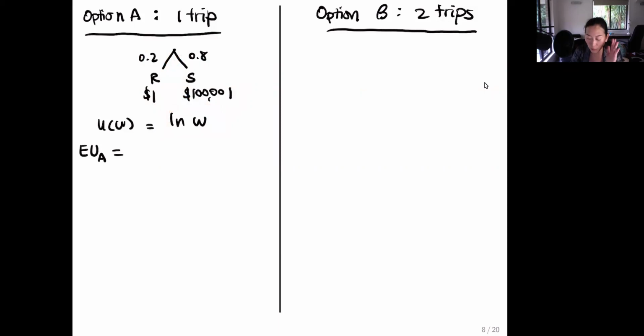It doesn't equal 0.2 times 1 plus 0.8 times 100,001. That is expected wealth, but not expected utility.